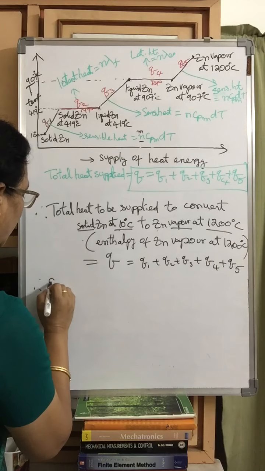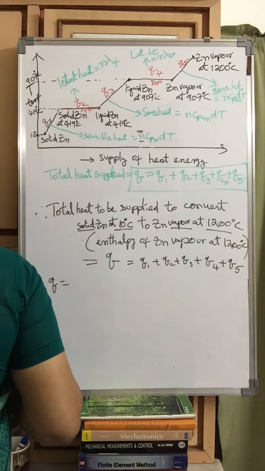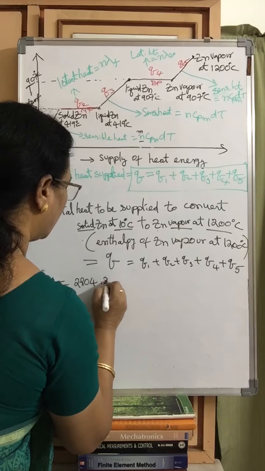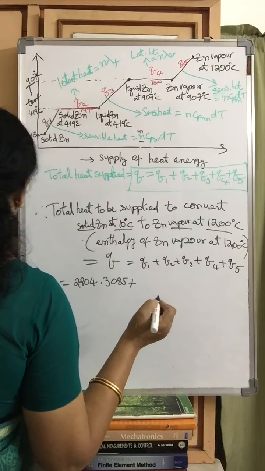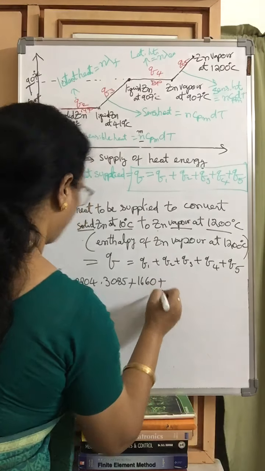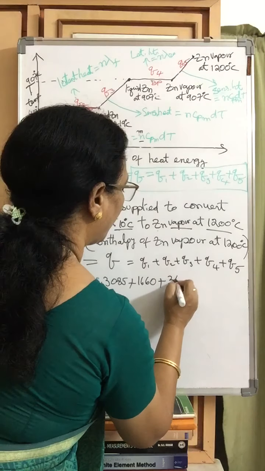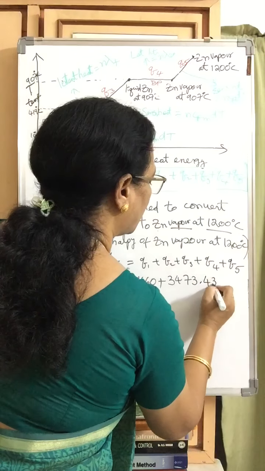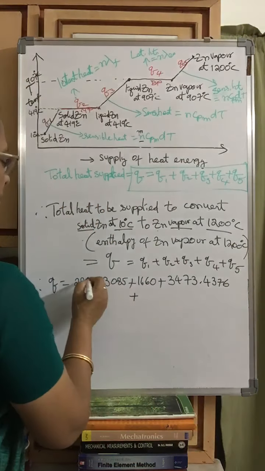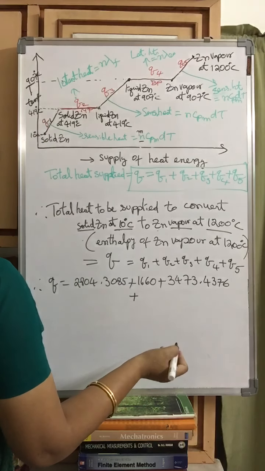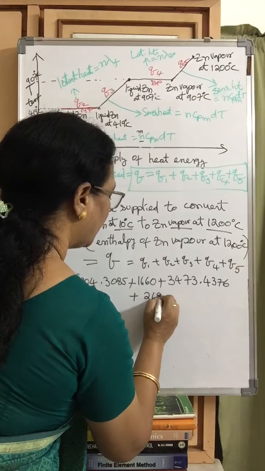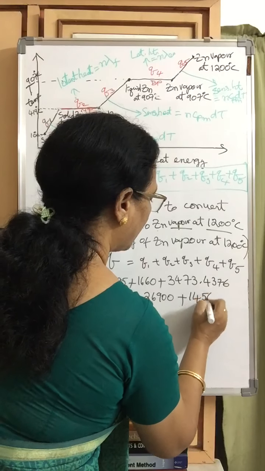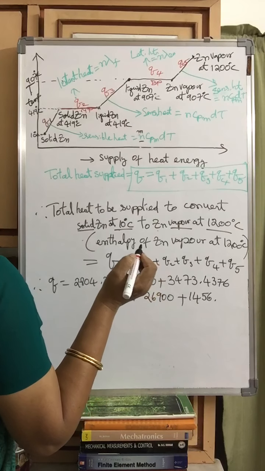Therefore, Q is equal to, now substitute all the values: 2804.3085 plus 1660 plus 3473 plus 0.4376 plus, 1, 2, 3, 4, 5 are there, 26,900 plus 1456.21.